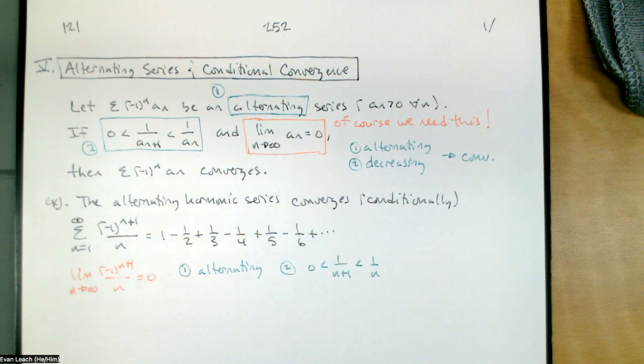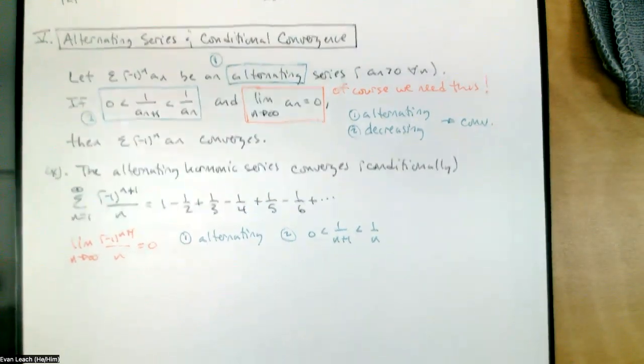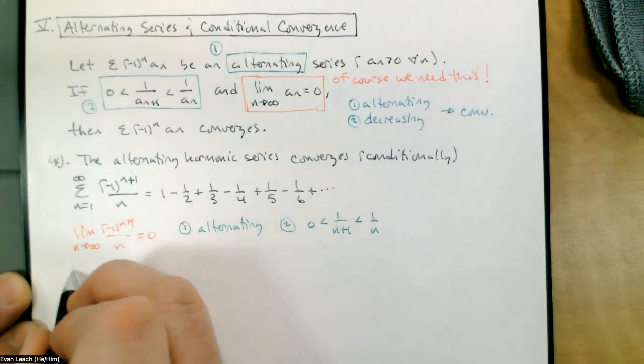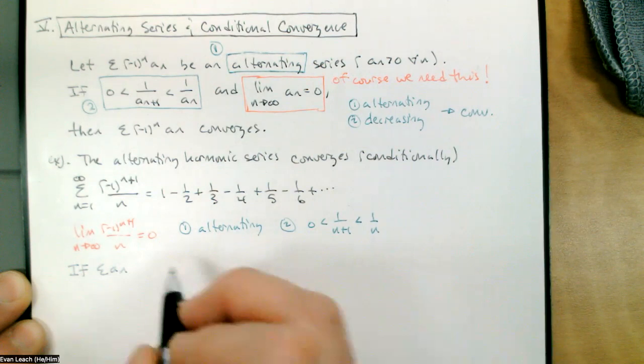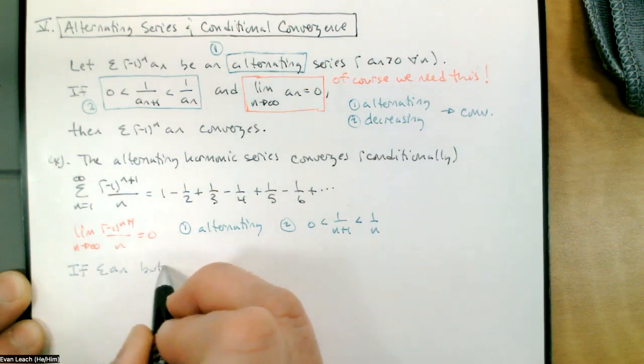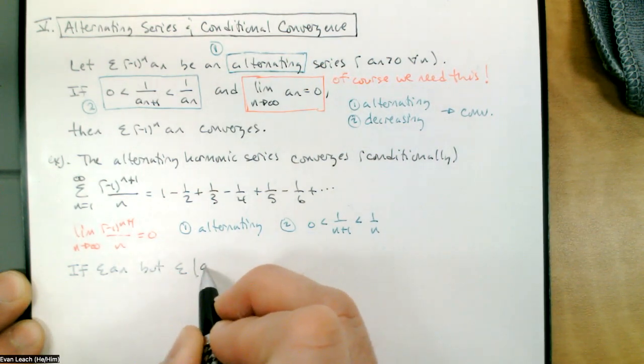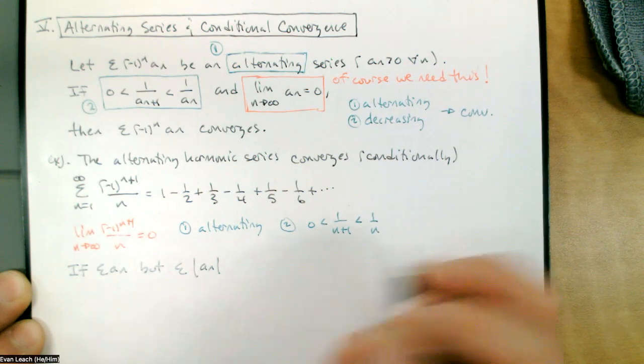If a series converges, but the series where we make all the terms positive diverges, the series in absolute value diverges, then we say the series is conditionally convergent. So the series itself converges, but the series in absolute value does not converge.